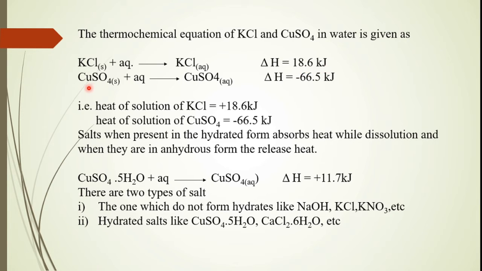Whereas when copper sulfate is dissolved in water to form aqueous copper sulfate, the heat change is minus 66.5 kilojoule. That means the heat of solution of KCl is equal to 18.6 kilojoule, whereas the heat of solution of copper sulfate is equal to minus 66.5 kilojoule. So here you must think about why the sign is plus and minus.